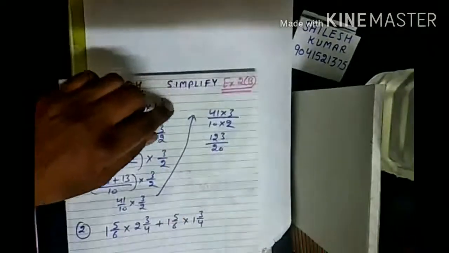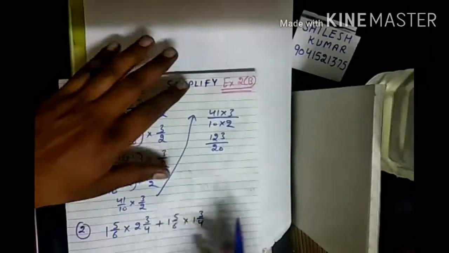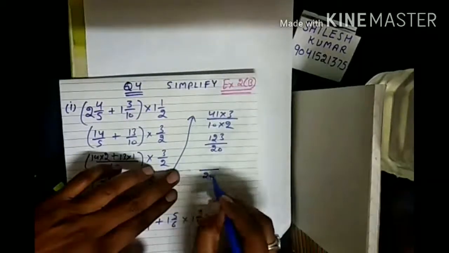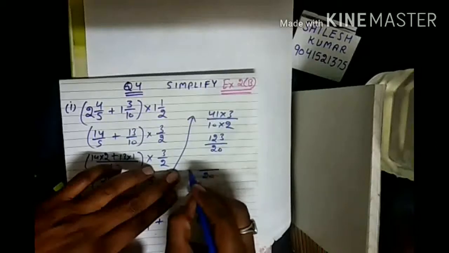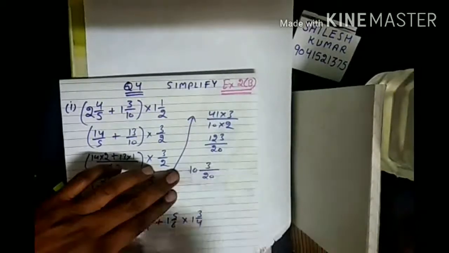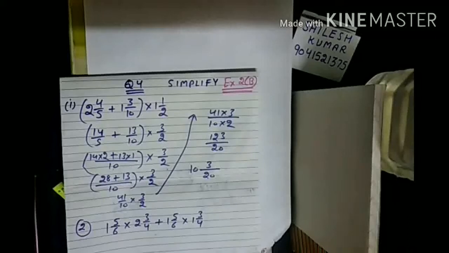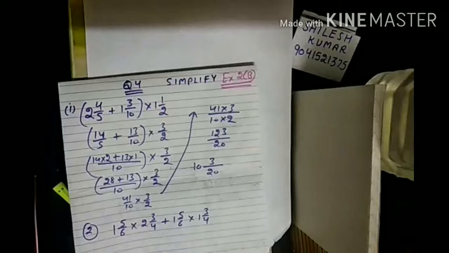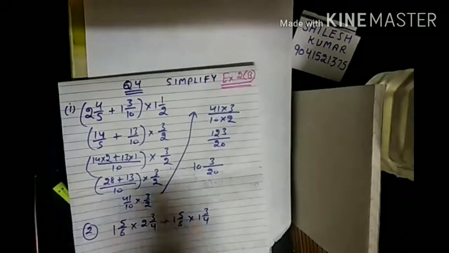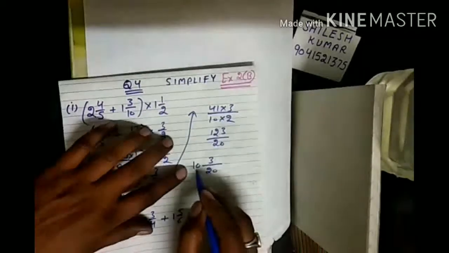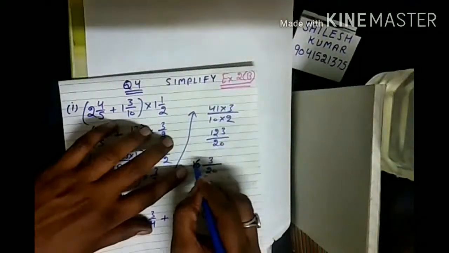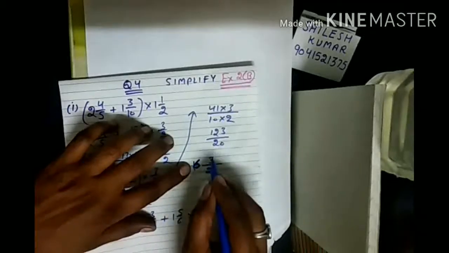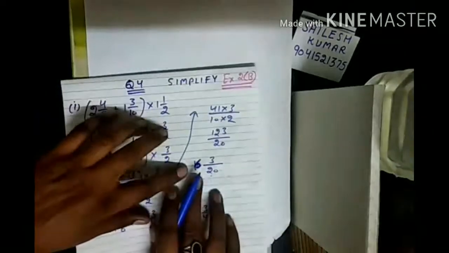Now after this we will convert it into a mixed fraction as we did in the earlier questions. 20 into 6 is 120, and 120 plus 3 is 123. Therefore, this is the required answer.